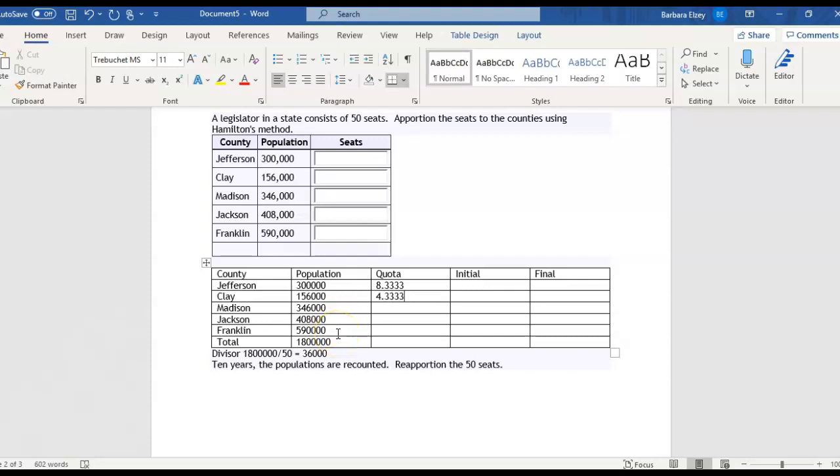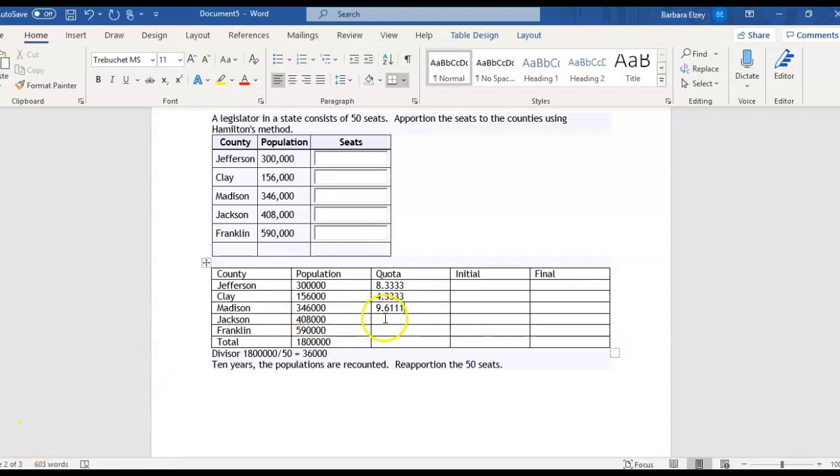And now 346,000 divided by 36,000. This one gives 9.6111. And now let's do 408,000 divided by 36,000.